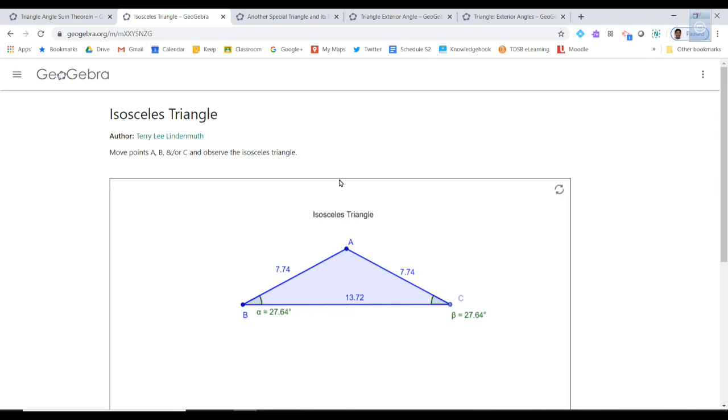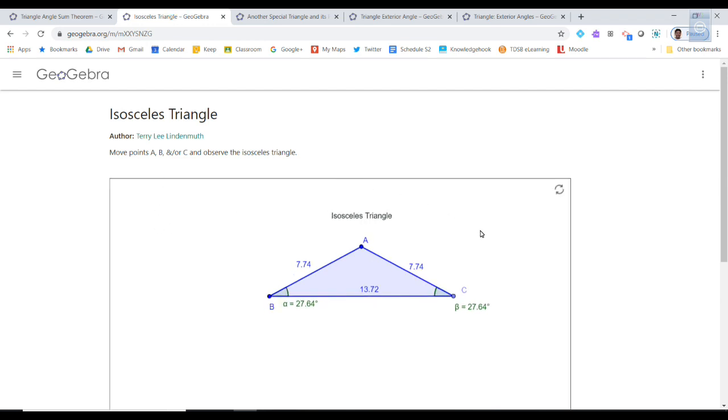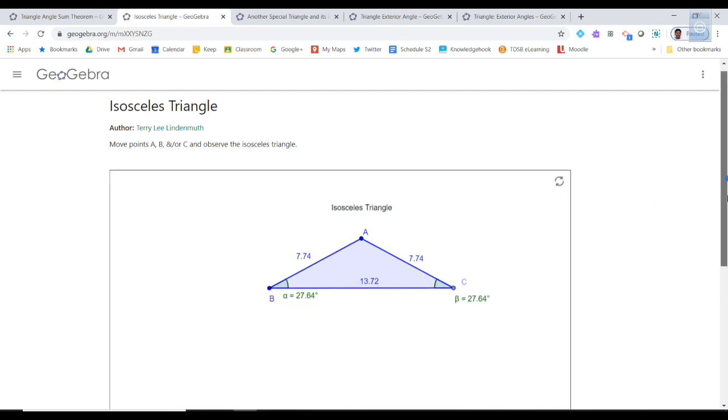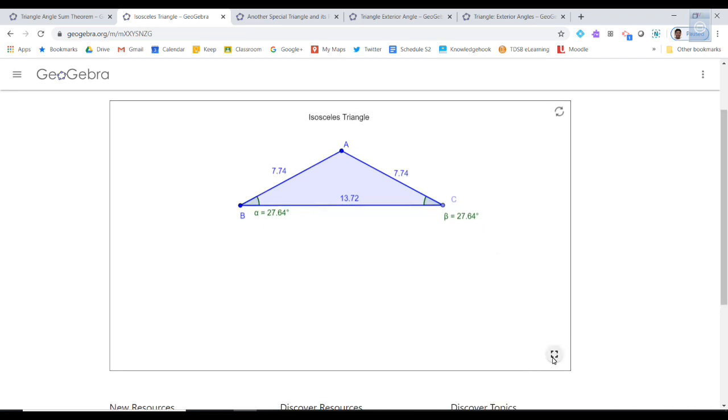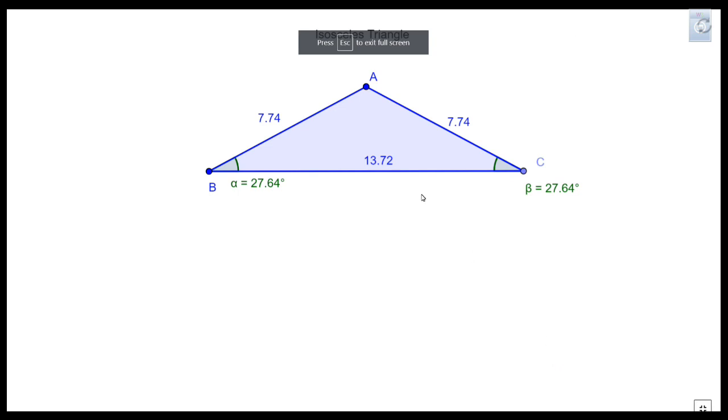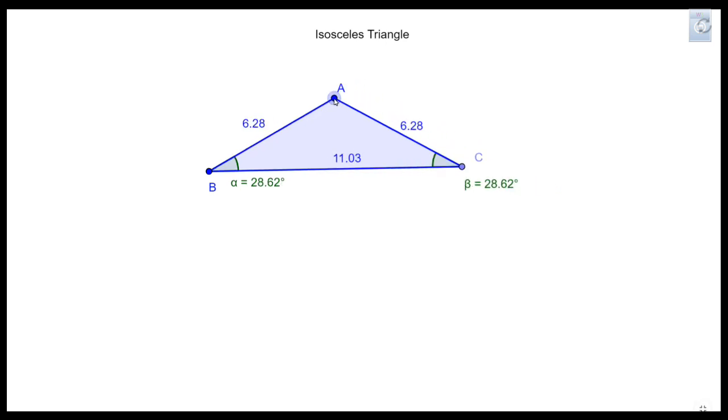We're going to look at an isosceles triangle. In an isosceles triangle, 2 sides are equal to each other. I'm going to make this bigger. You can tell that the side AB is 7.74 units, and side AC is 7.74 units as well. So this is an isosceles triangle, and no matter how I move this, it will always stay an isosceles triangle.